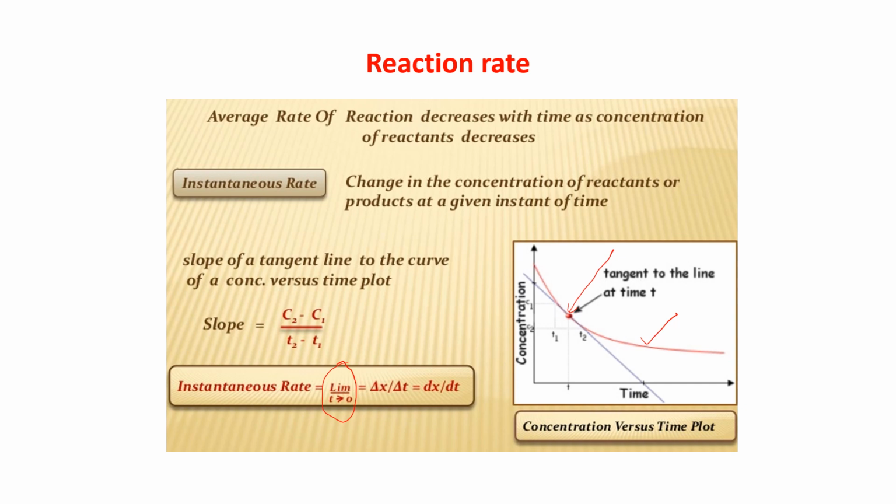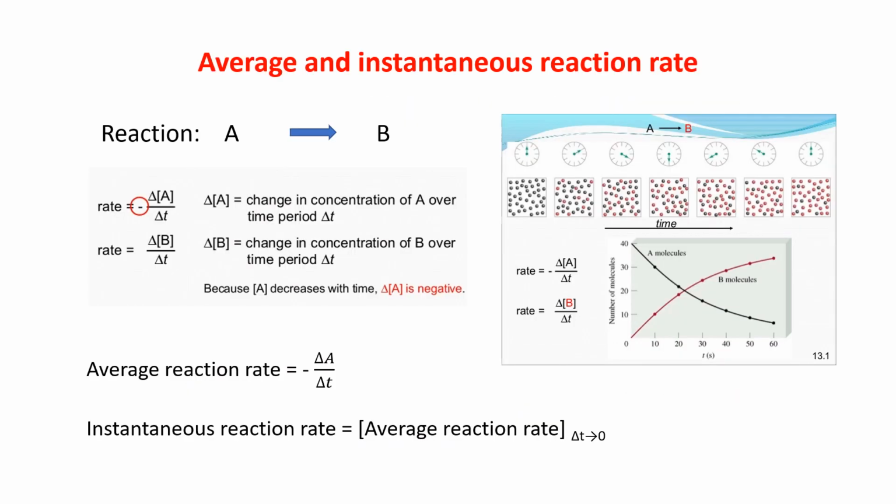So instantaneous rate can be found out by delta x by delta t, or it can also be written as dx by dt. I hope you all remember all these things. Now see here in this slide, you can understand the average and the instantaneous reaction rate in a better way.